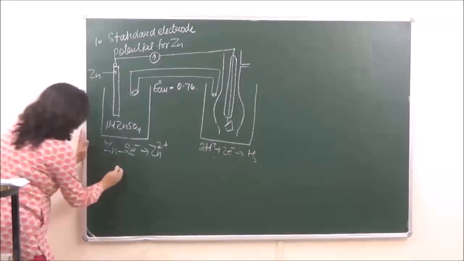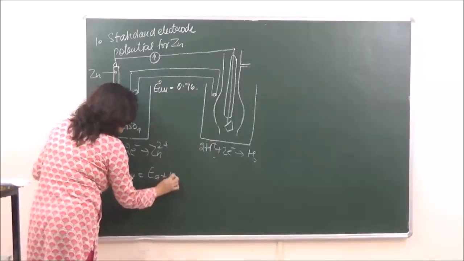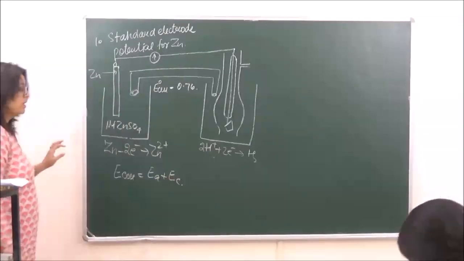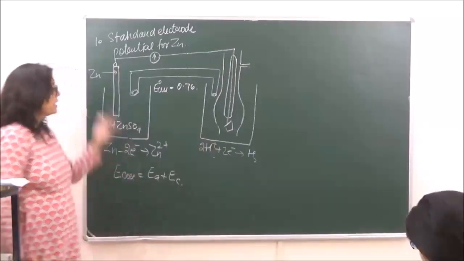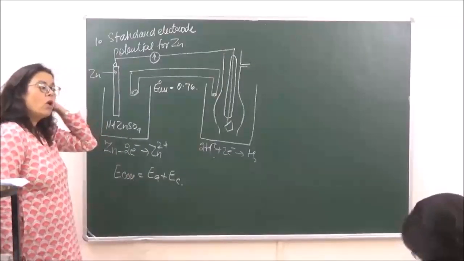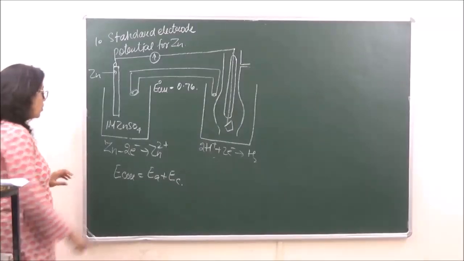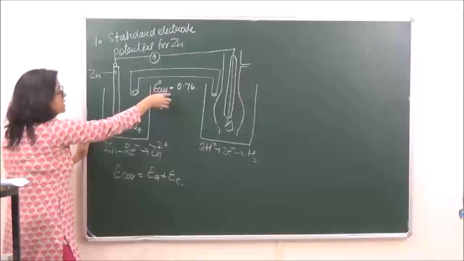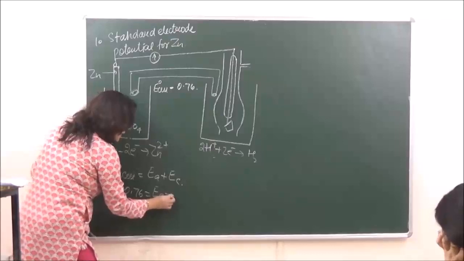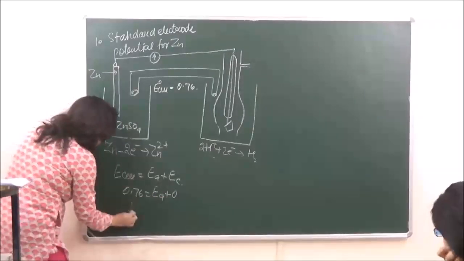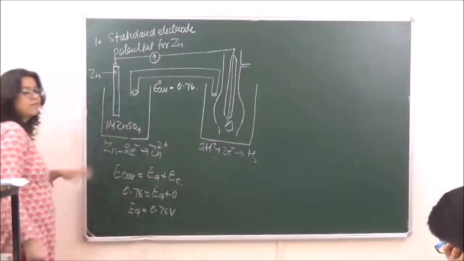Okay, so we know that E cell is equal to E anode plus E cathode. E cathode over here is taken to be 0. As a standard electrode potential, the value of electrode potential for hydrogen is always taken to be 0 volts. So over here the E cell reading is 0.76, so E anode plus 0, therefore E anode comes to 0.76 volt.